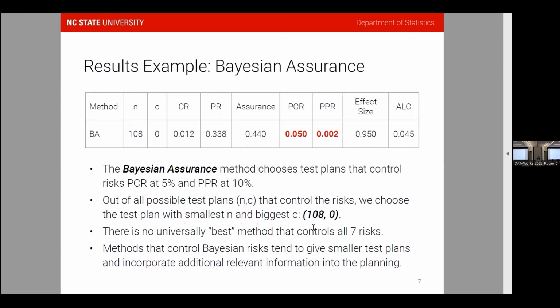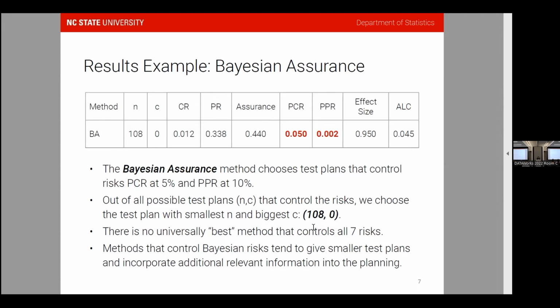And here is an example of how you would compare across the different methods. So here we have an example, a row from the table comparing the 5 methods. So if you look at the row for the Bayesian assurance we have right here, this method chooses a test plan that controls the risks PCR at 5% and PPR at 10%.